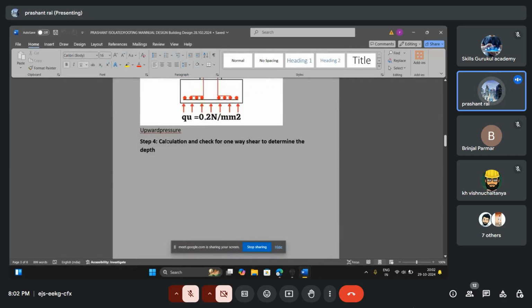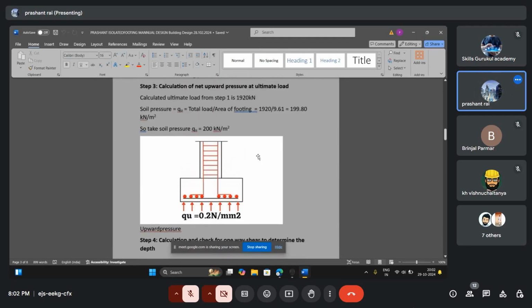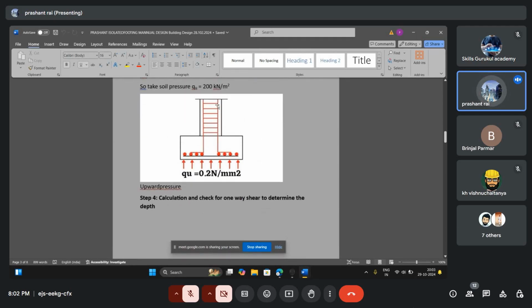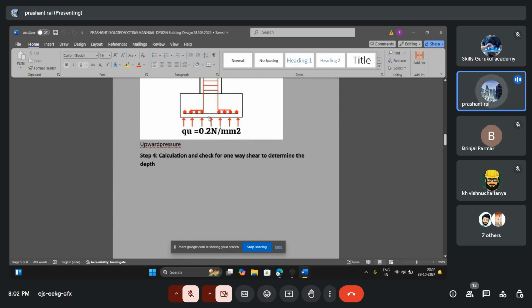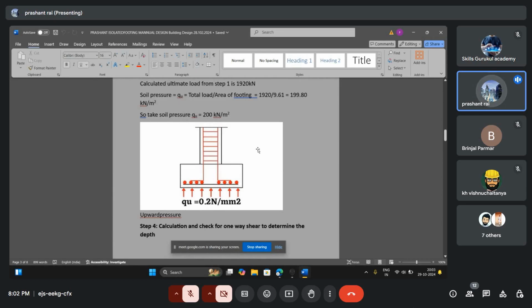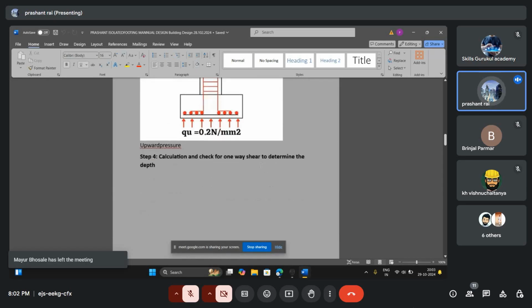Fourth is the calculation and check for one-way shear to determine the depth. This is the isolated footing you can see, this is the column, and this is the base footing. This is the reinforcement, and the upward direction shows the upward pressure, which we are assuming from the soil pressure.